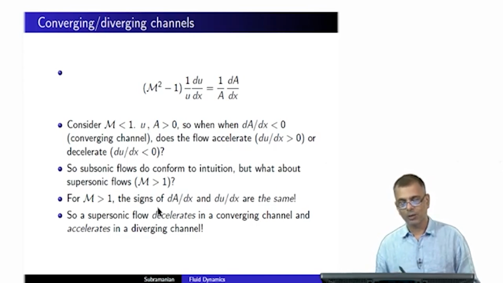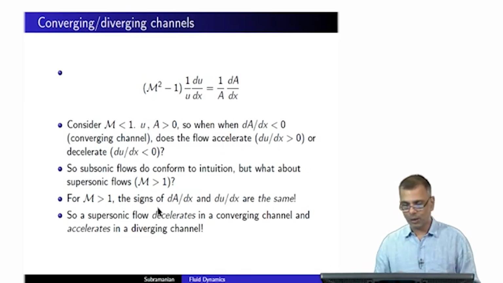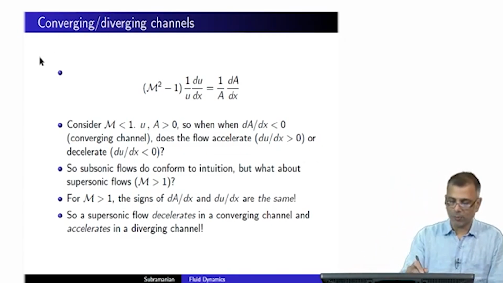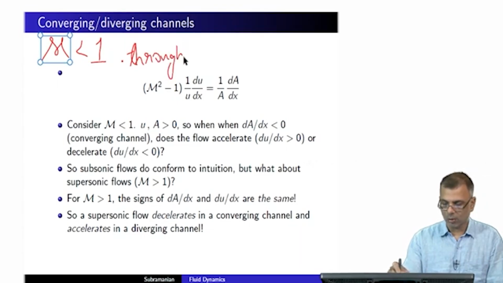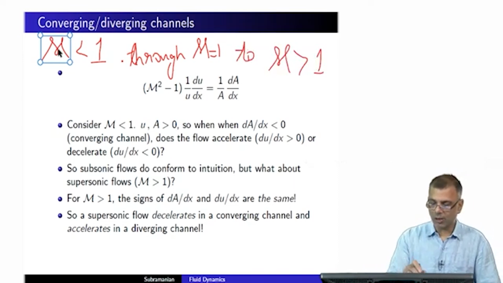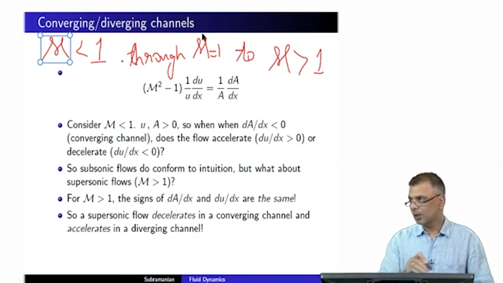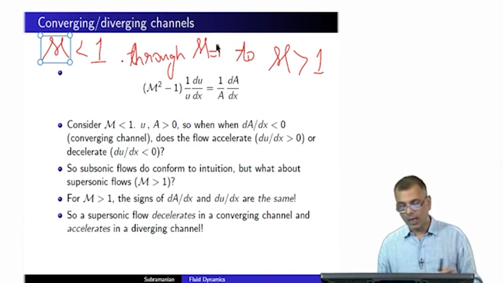And so when you are transitioning from Mach number less than 1 to Mach number greater than 1, going from the subsonic regime through the sonic point, where Mach number equals 1, you have to be very, very careful.